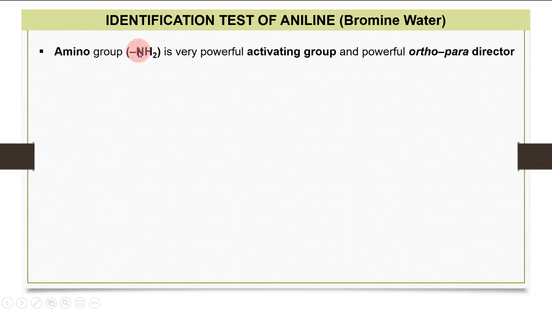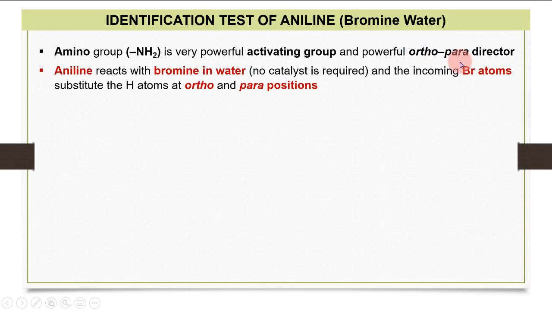So the NH2 is a very powerful activating group and a powerful ortho-para director. Ortho-para director means they will direct the substituents towards the ortho positions and the para position, positions 2, 6 and position 4. So aniline will react with this bromine water, no catalyst is required, and the incoming Br atoms will substitute the hydrogens at the ortho and para positions.